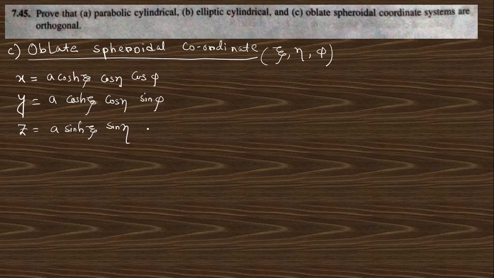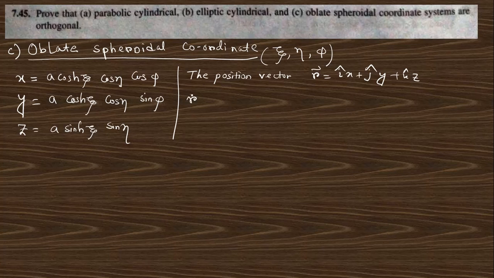This is the equation. So the position vector can be written as r vector equal to i cap x plus j cap y plus k cap z.